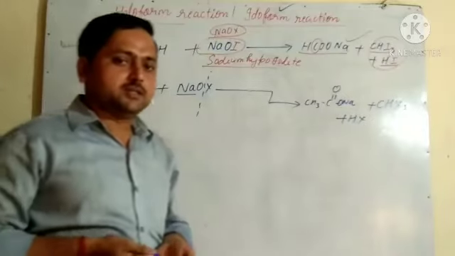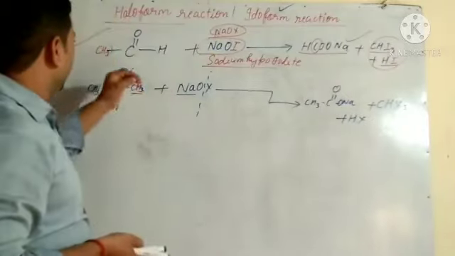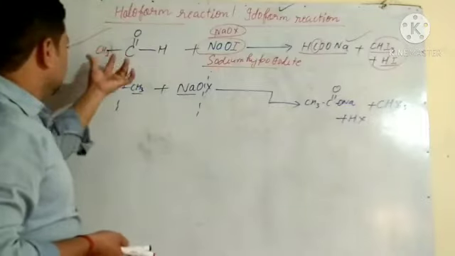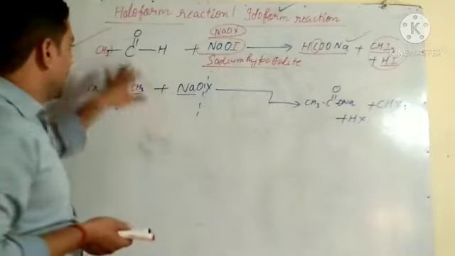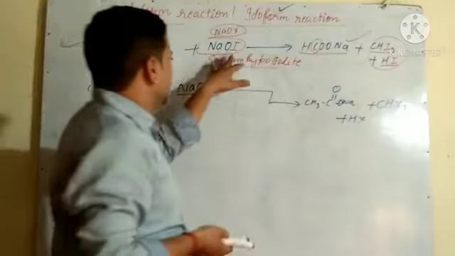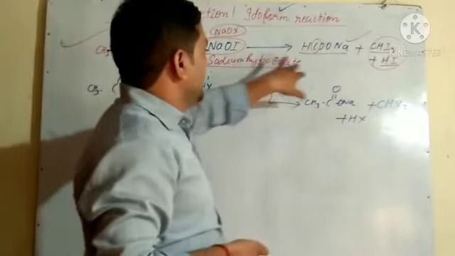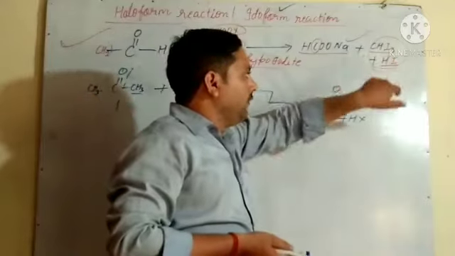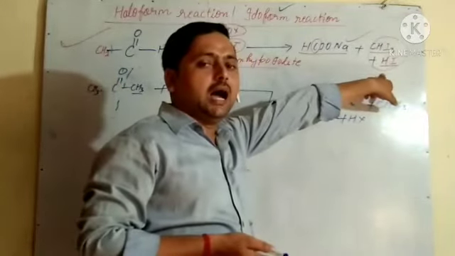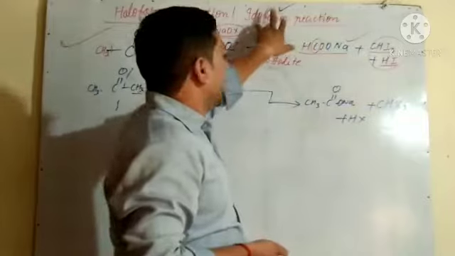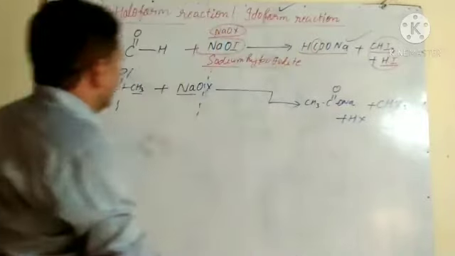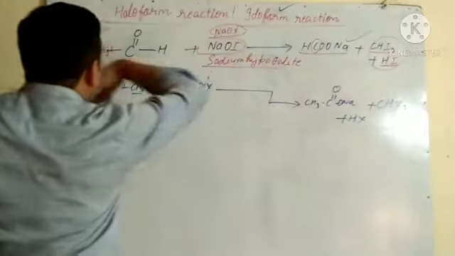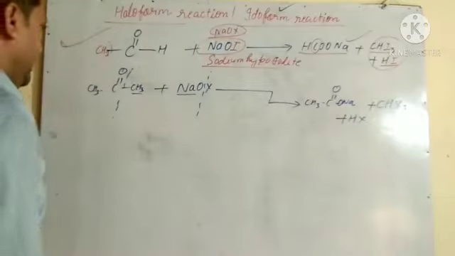And what is the iodoform reaction? The carbonyl compound in which a methyl group is bonded to the carbonyl carbon, made to react with sodium hypoiodide, gives the sodium salt, iodoform and hydrogen iodide. So this reaction is called the iodoform reaction. If instead we take X, it will be the haloform reaction, students.